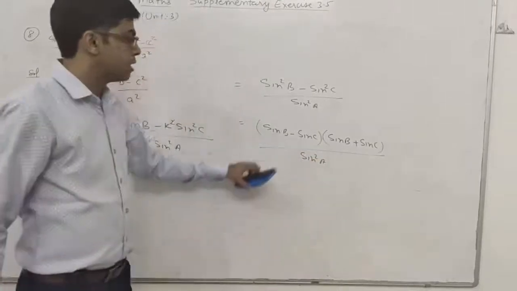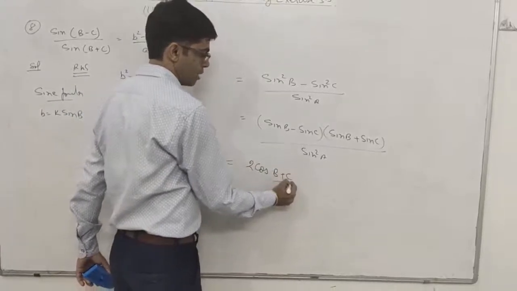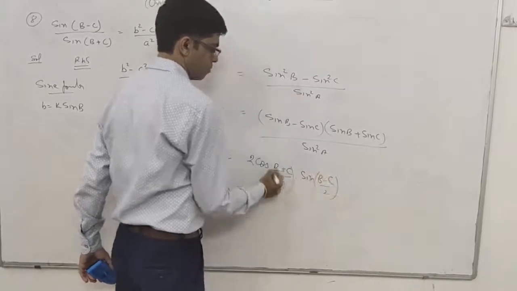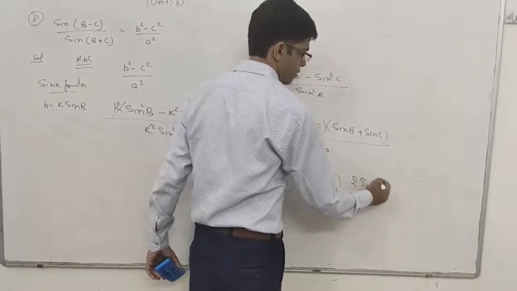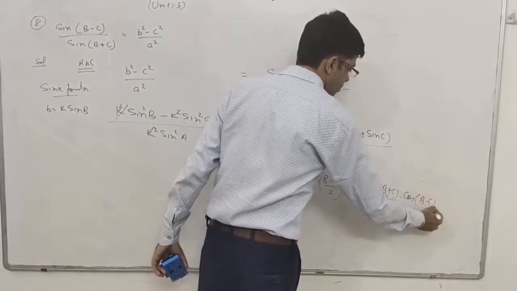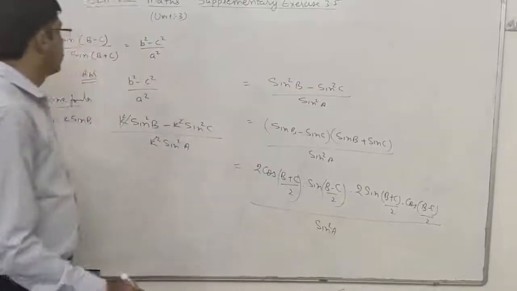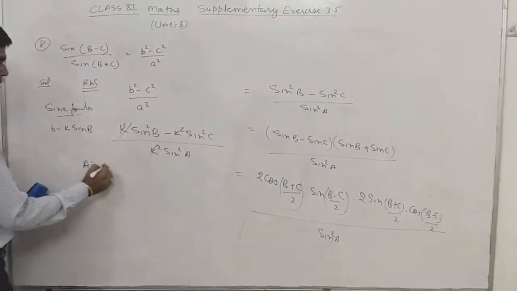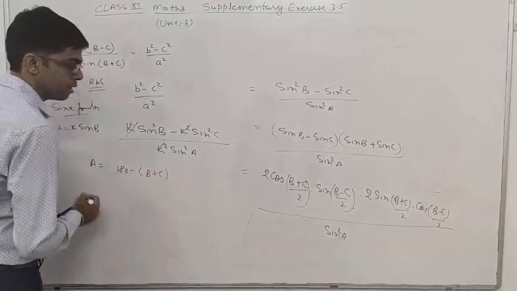Now use the formula for sine c minus sine d. The formula is 2 cos c plus d by 2 sine c minus d by 2, and 2 sine c plus d by 2 cos c minus d by 2, upon sine square a. Now this a is 180 minus b plus c.